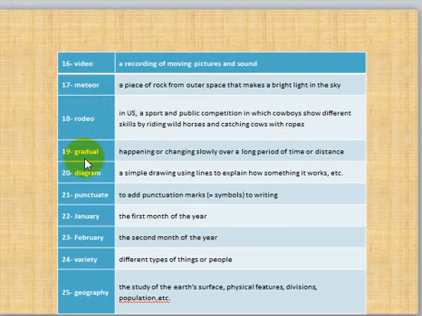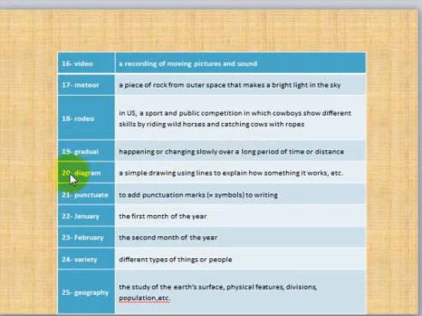Number 19, gradual, happening or changing slowly over a long period of time or distance. Okay, happening or changing slowly. Something happens or changes slowly.